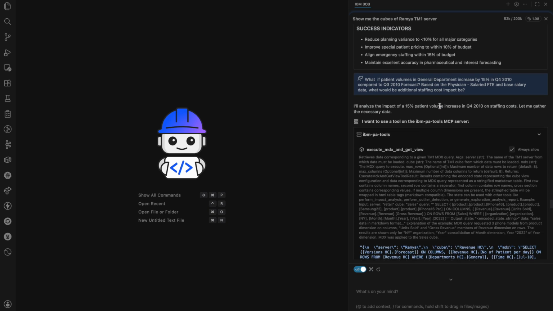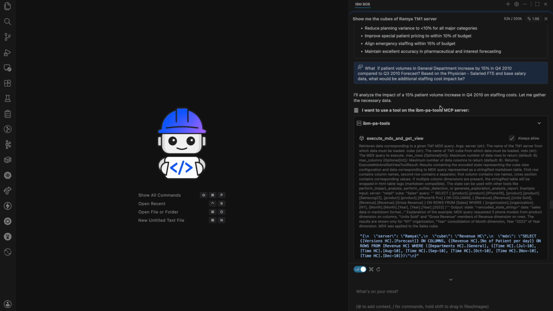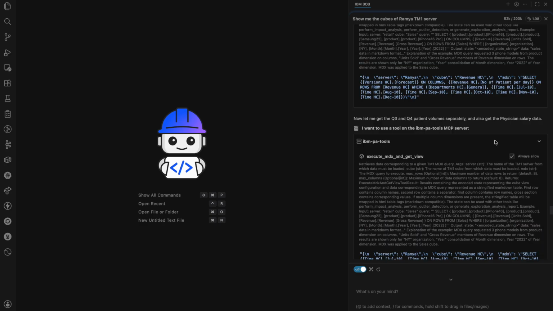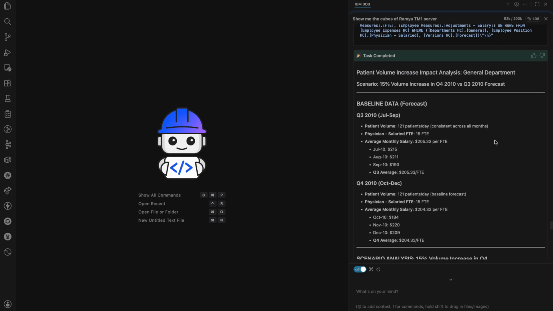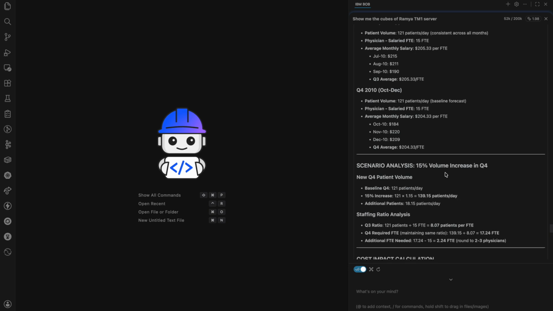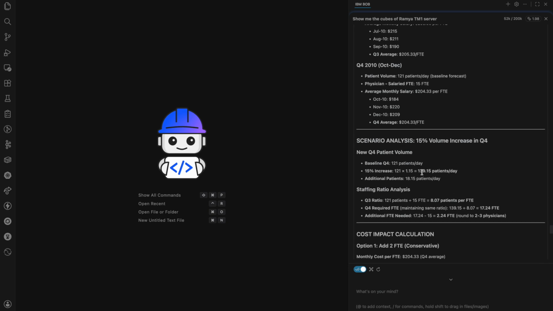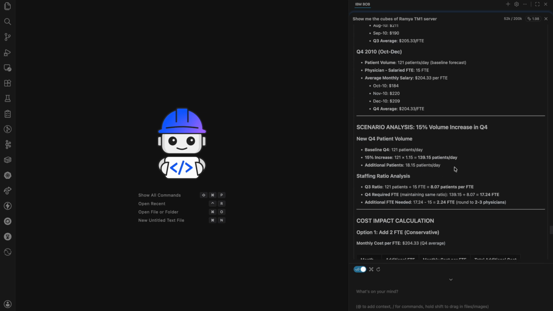Next, to understand what would happen if the patient volume increases, how many more FTE employees it may need and what the cost impact would be, Ram performs a what-if analysis. In the result of the what-if analysis, Bob gives the scenario analysis of how the number of patients would increase from 121 to 139 patients per day, which means an additional 18 patients.